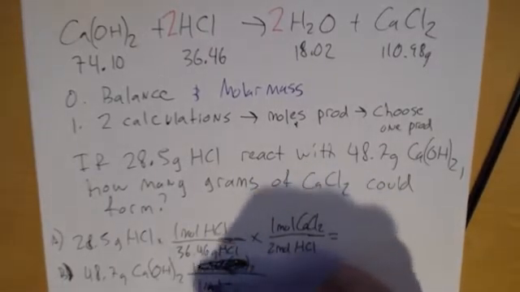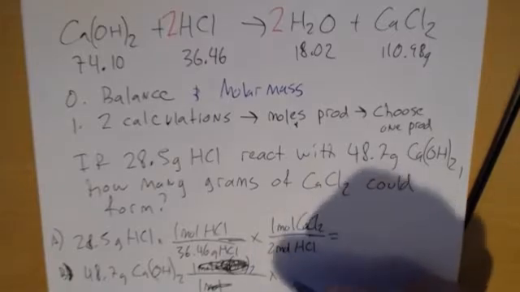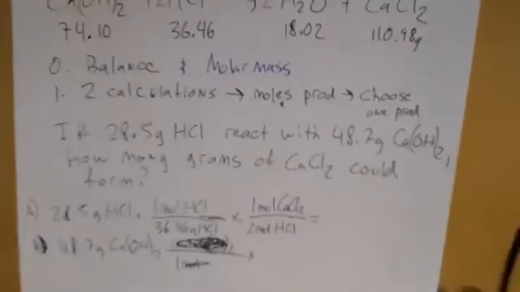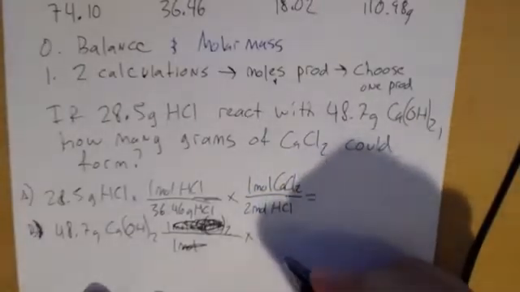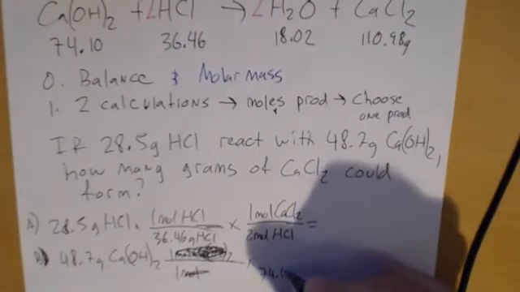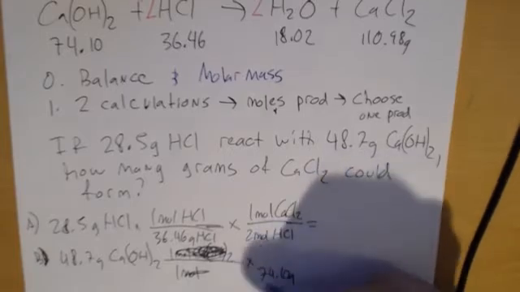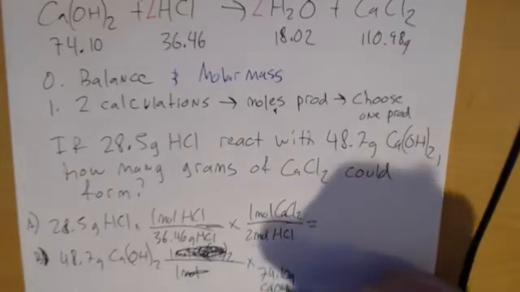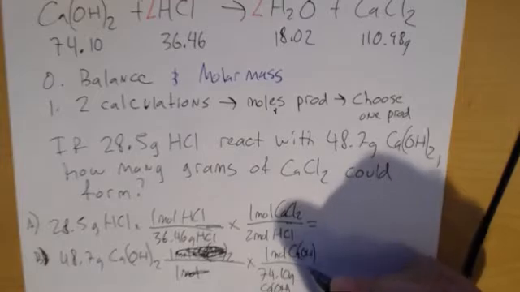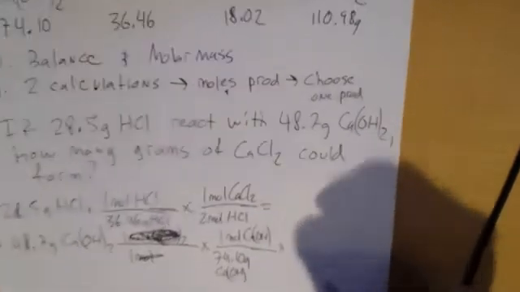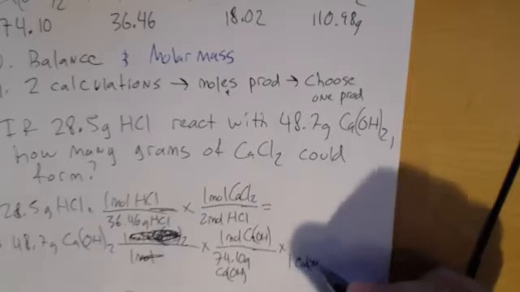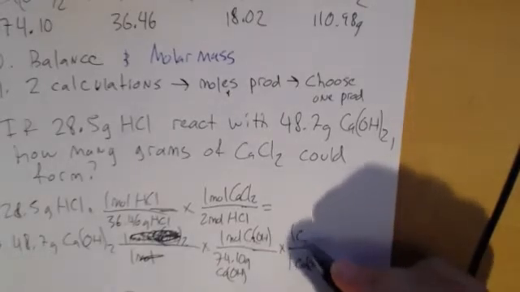Let me skip forward. I need molar mass. Oh, 74.10 grams calcium hydroxide, 1 mole calcium hydroxide, and then I need the mole ratio, which is 1 calcium hydroxide to 1 calcium chloride.